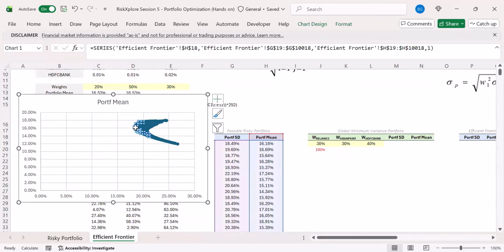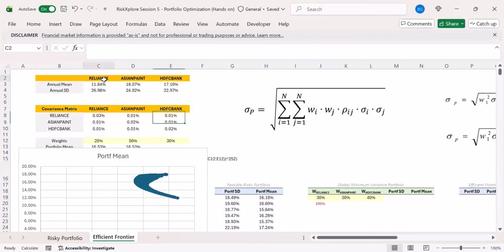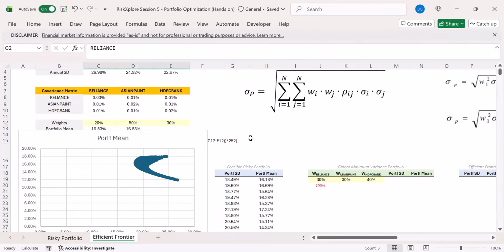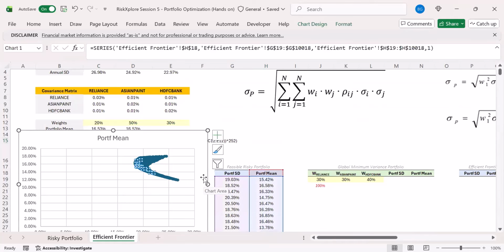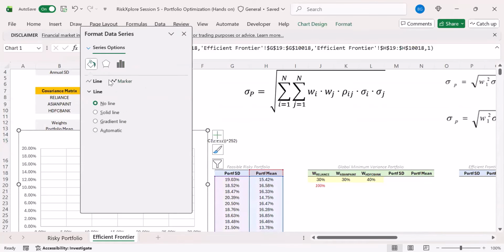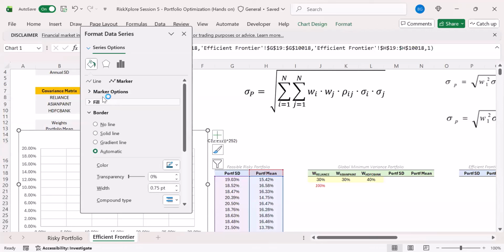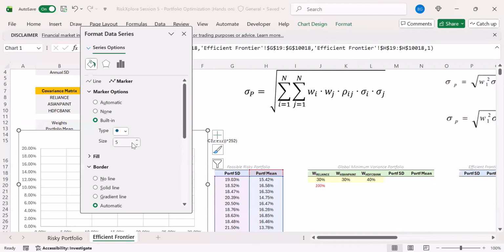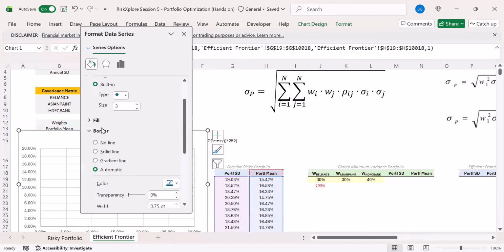But otherwise, these are the randomly generated values, combinations of portfolio SD and portfolio mean for these three assets. And if we press the F9 key, you can see that this is a random simulation of 10,000 simulations. What we can do further is reduce the size of the marker here.